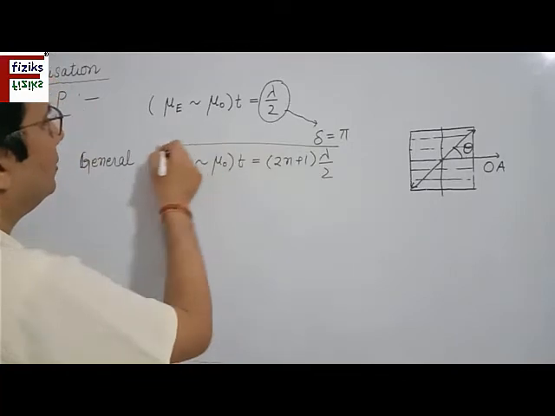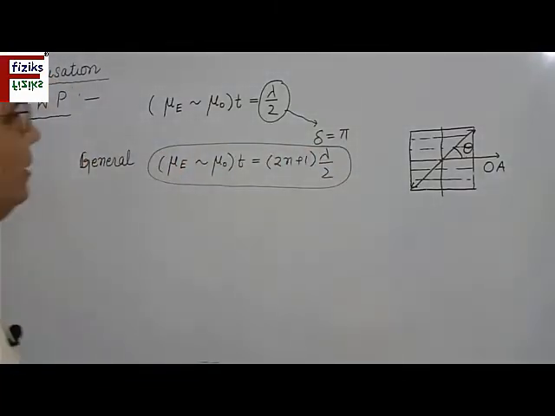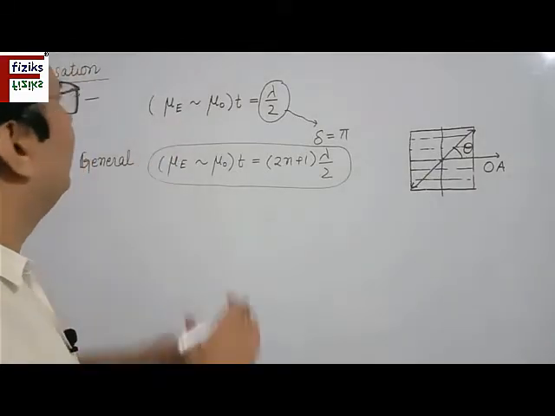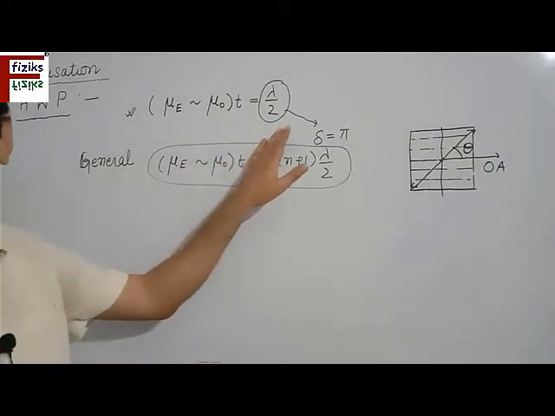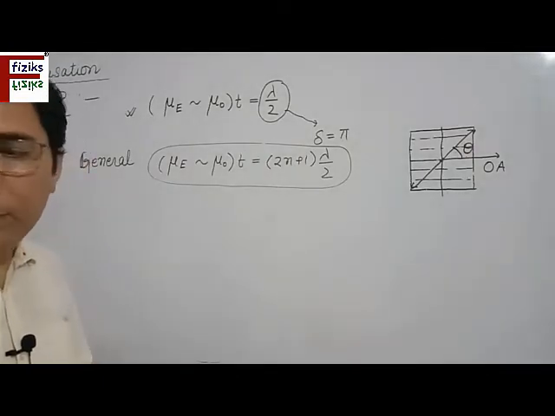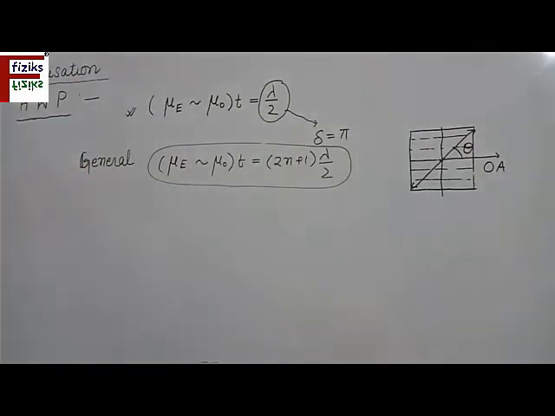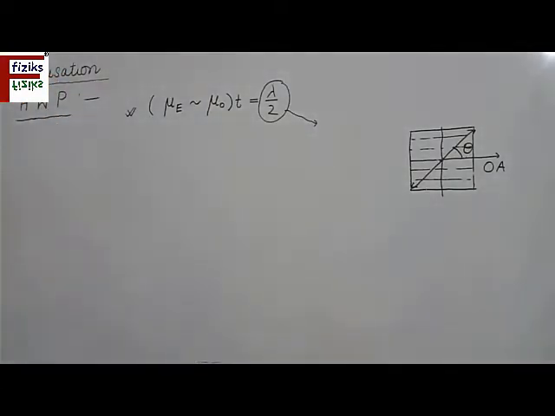This is the general formula, and the formula we will use many times is (mu E minus mu O) into T equal to lambda by 2, but the main purpose is to introduce a phase of pi. This plate introduces a phase of pi between the O ray and E ray. Now what is the application of this? The application of the half wave plate is very important.